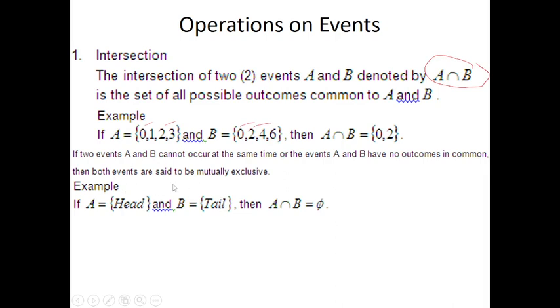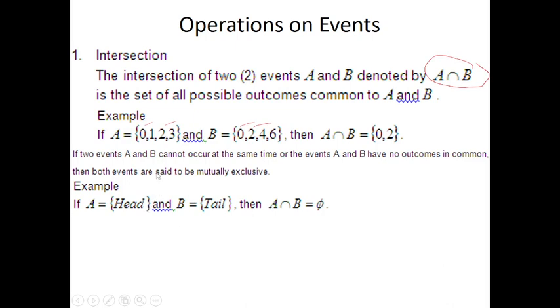Is there any common outcome? Wala, right? So therefore, A intersection B is a null set. Sabihin niyan, empty set. Sabihin niyan, no common outcome. Sabihin niyan, they are mutually exclusive. Events A and B are mutually exclusive events.